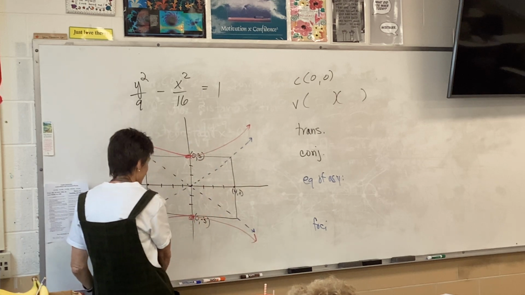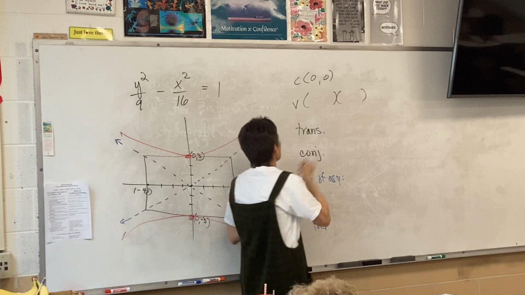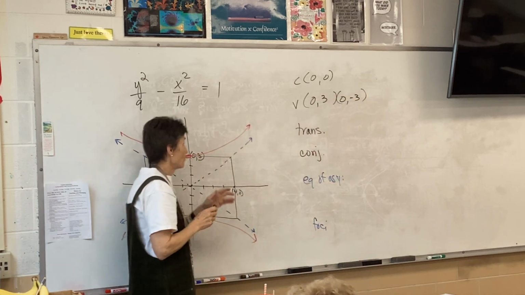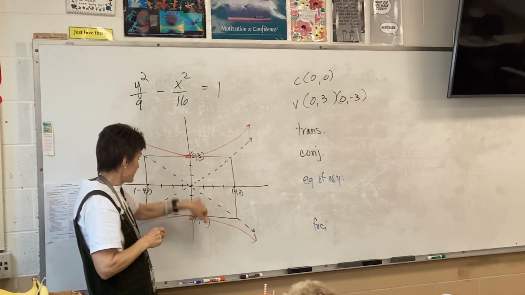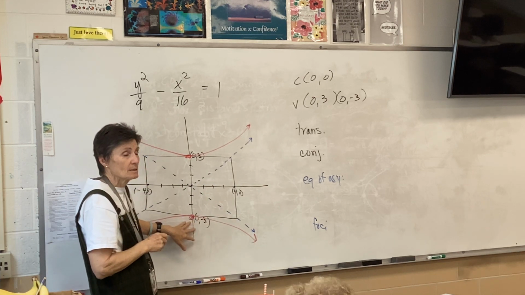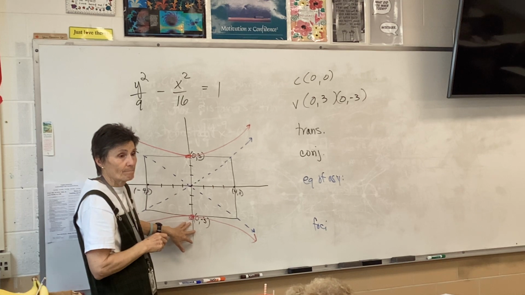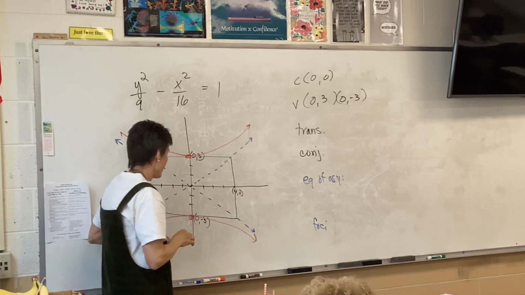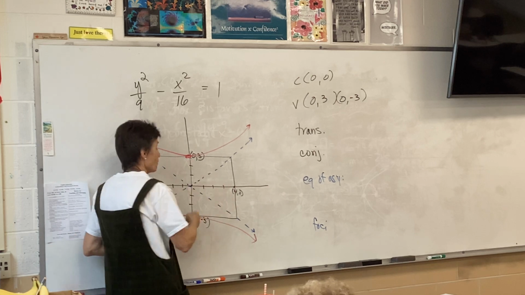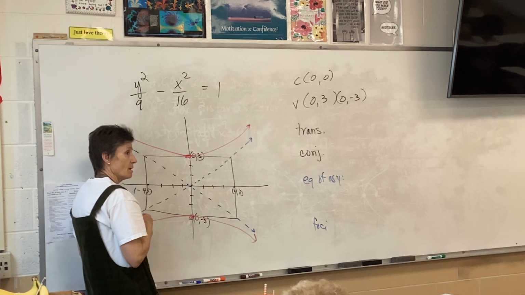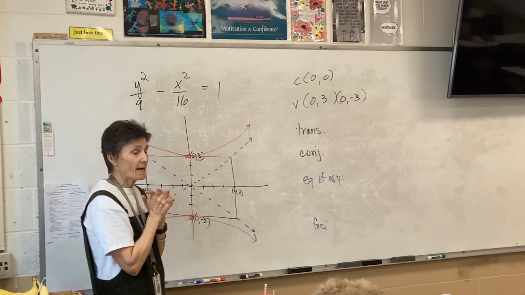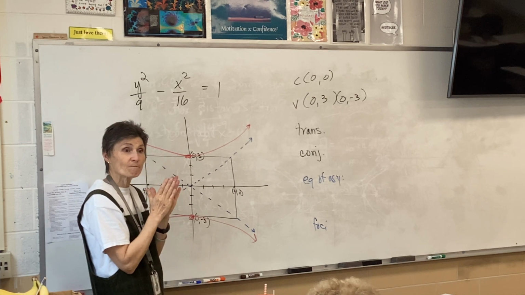So your vertices, there's only 2 of them, are (0, 3) and (0, negative 3). Your vertices are that turning point of the curve. They're right on the box. Now there are 2 axes in this problem, just like in an ellipse. With a hyperbola, it doesn't have anything to do with length, it has to do with which one contains the vertices.